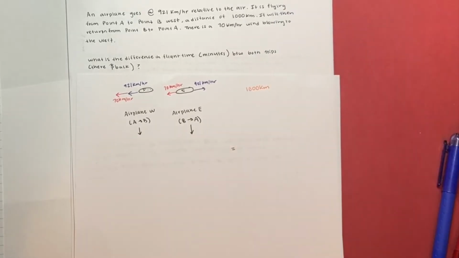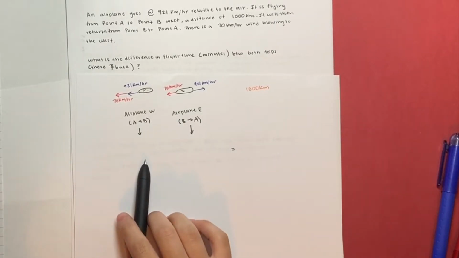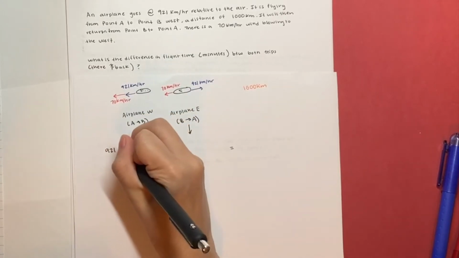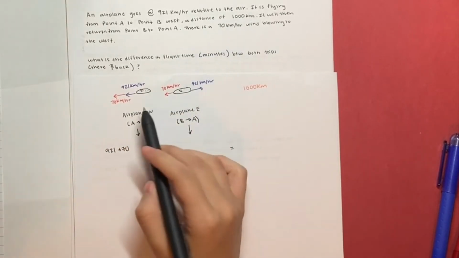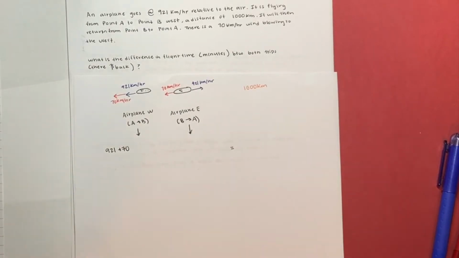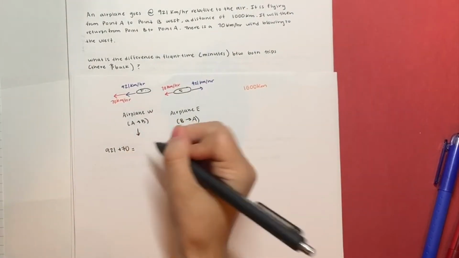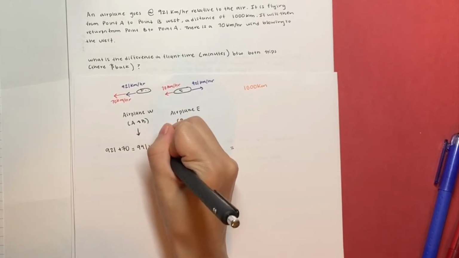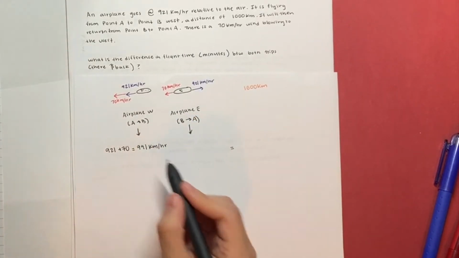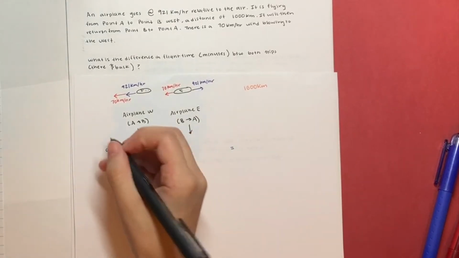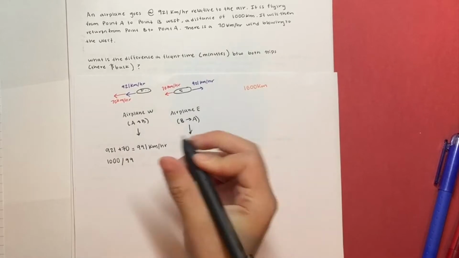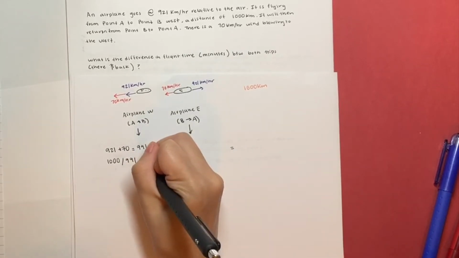1,000 kilometers. So from here, we are going to do 921 plus 70, since the wind is working with it. Kilometers per hour. When you're trying to find the minutes, you divide your total distance by your velocity, and you get the time it takes.